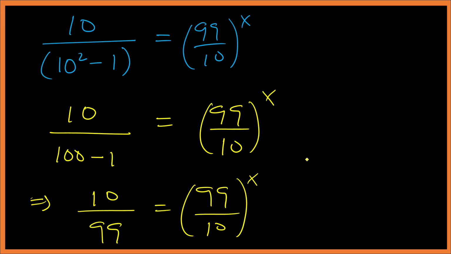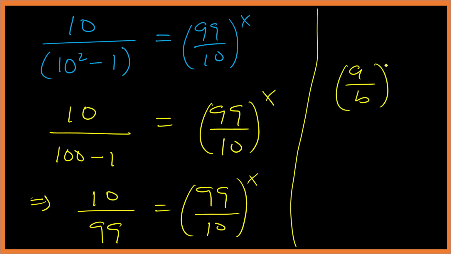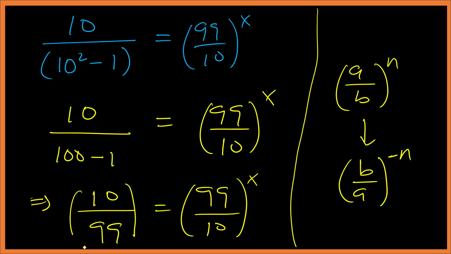Now from here, when you are given a over b to the power n, it is the same as b over a raised to negative n. So remember we have 10 over 99 equals 99 over 10 to the power x. We have to make sure we get equal bases since we have x here, so we change one of these.